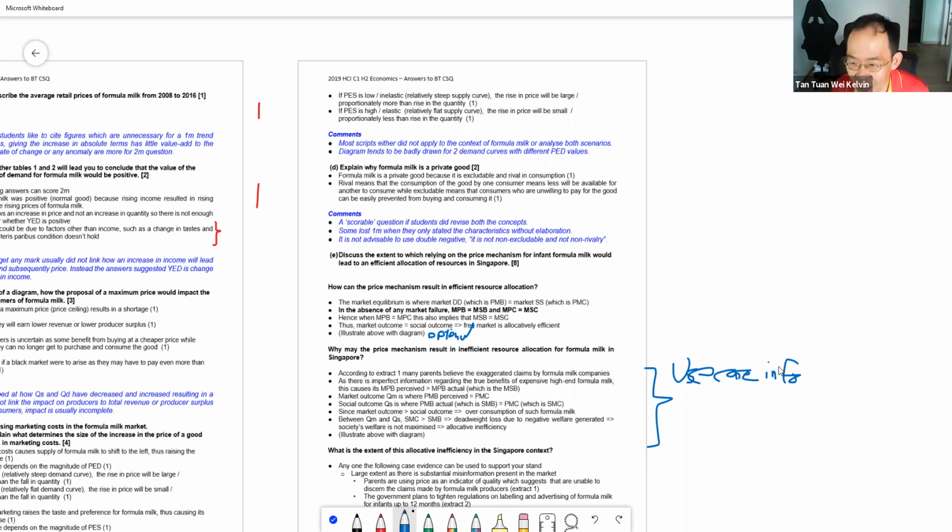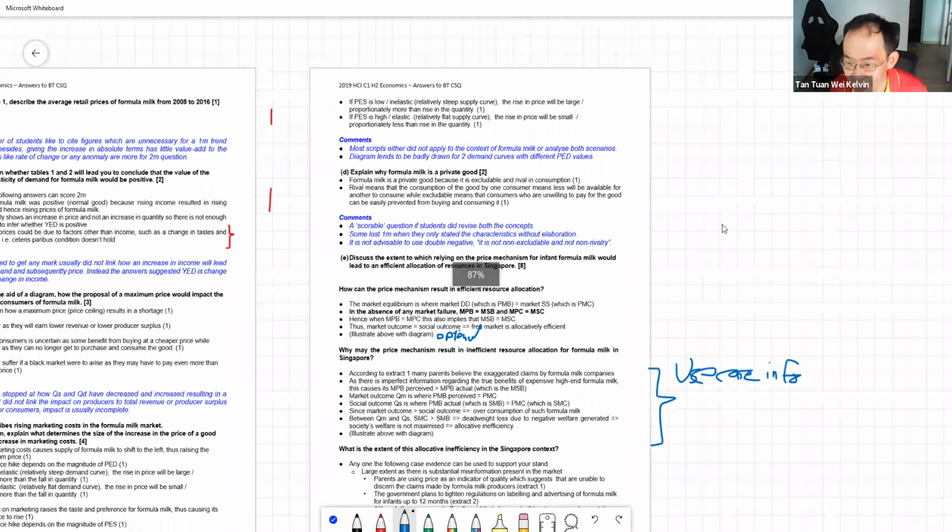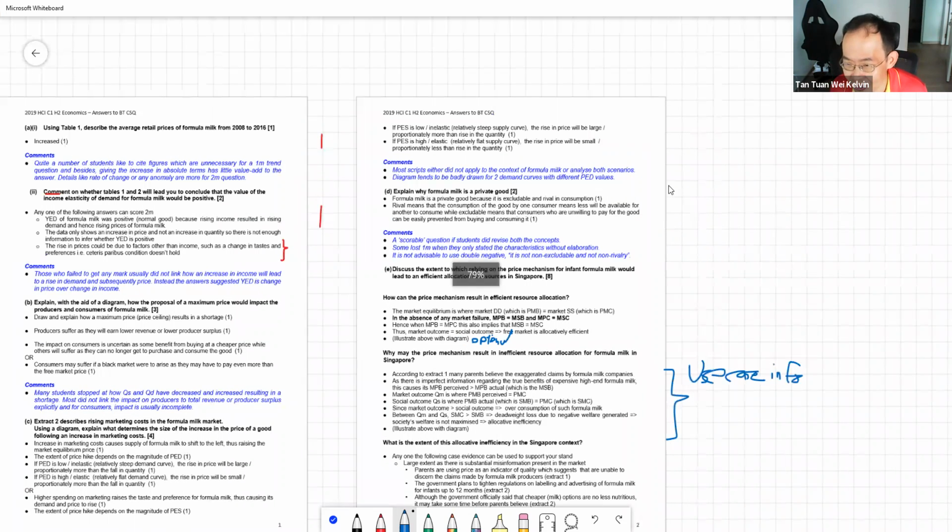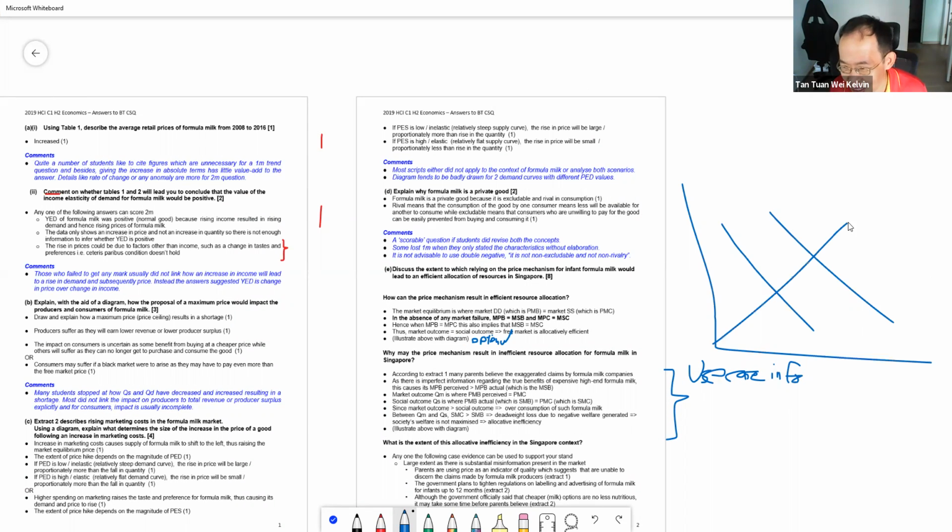Okay, you draw your graph. So in this case, the graph should be this. Oops, I'm using a mouse, so it may not be very neat. This is your MPB perceived. This is your MPC. This is your MPB actual. So the context is saying that parents overconsume formula milk.